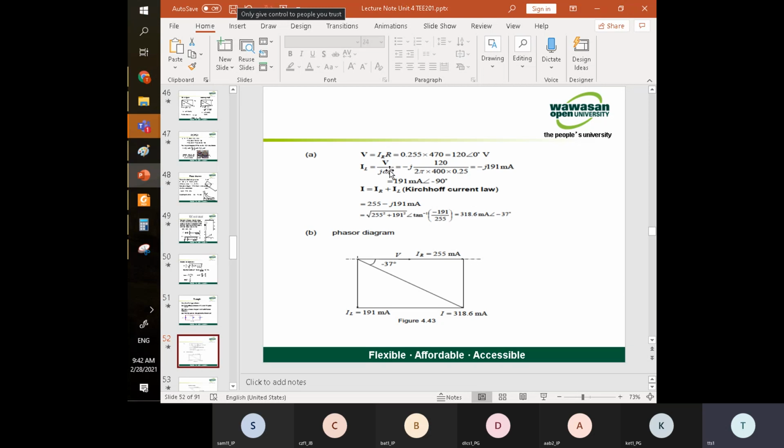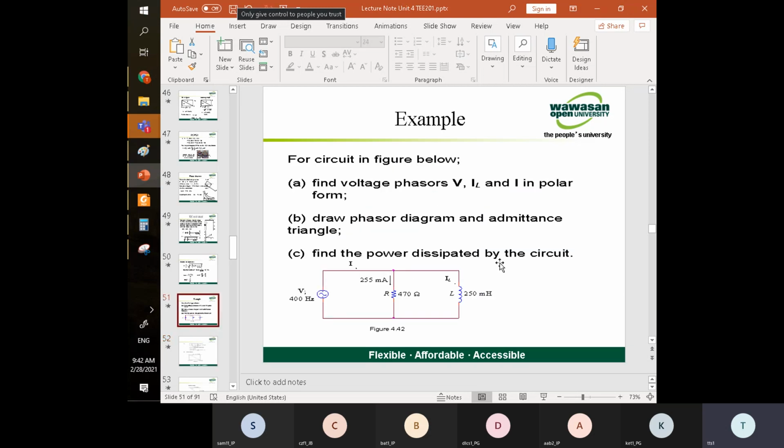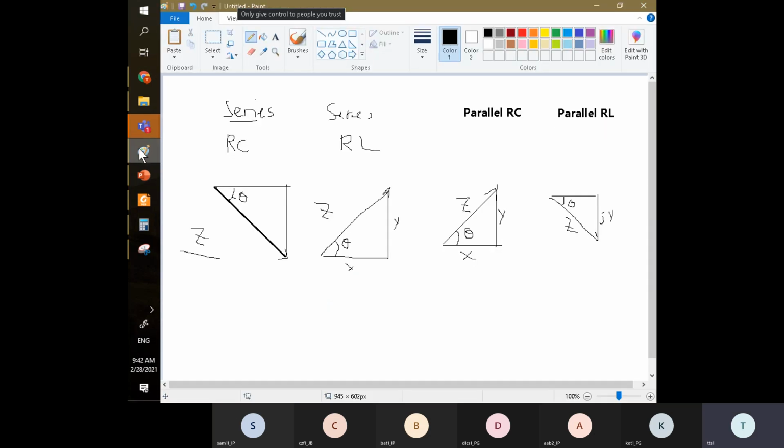For the IL, we can use the voltage across L. V equals IR, and this is a Z, right? Z is the impedance, same thing.